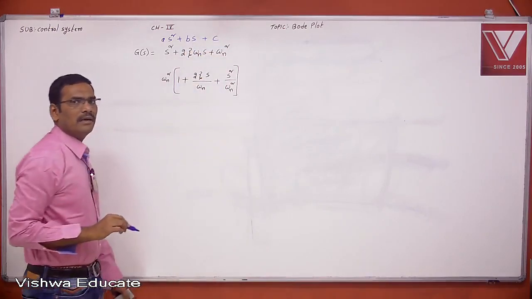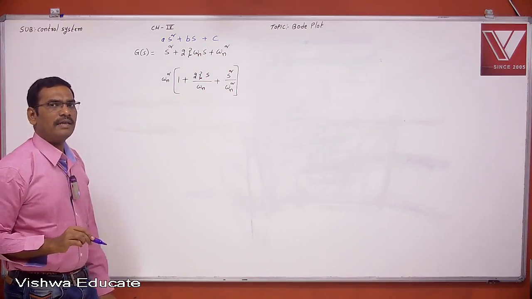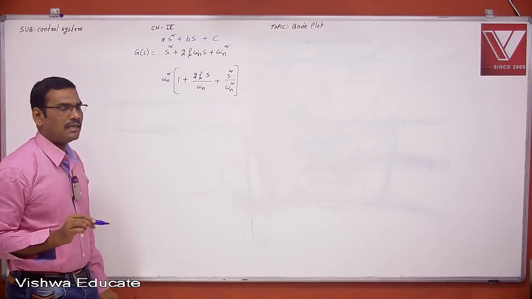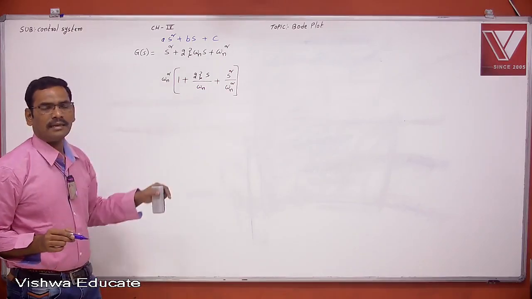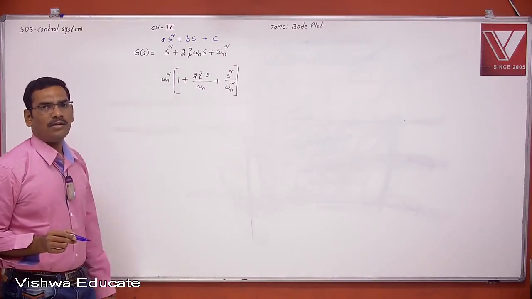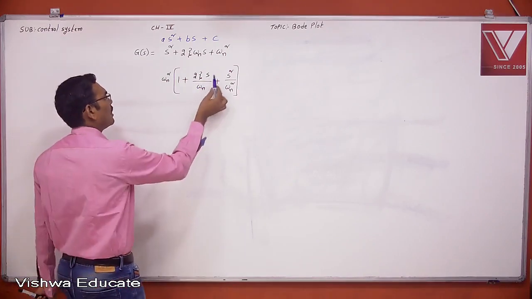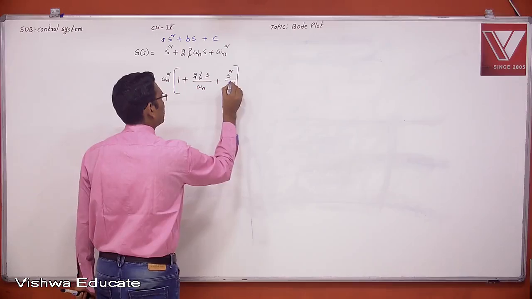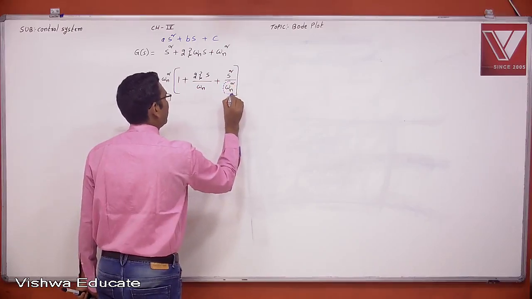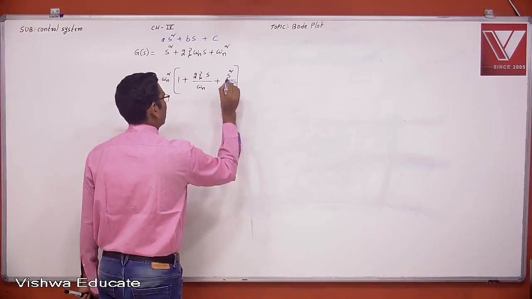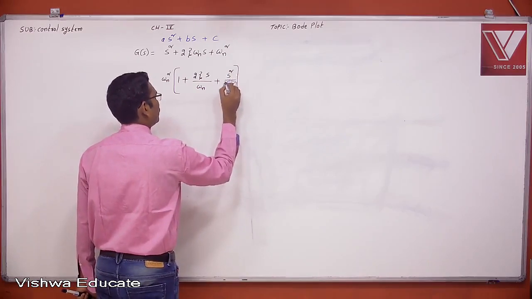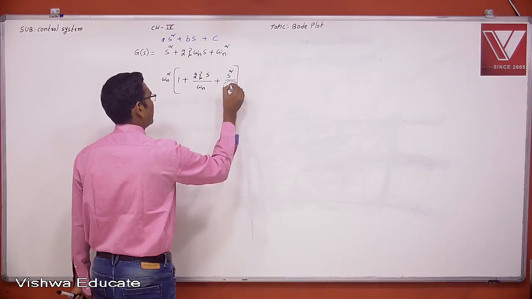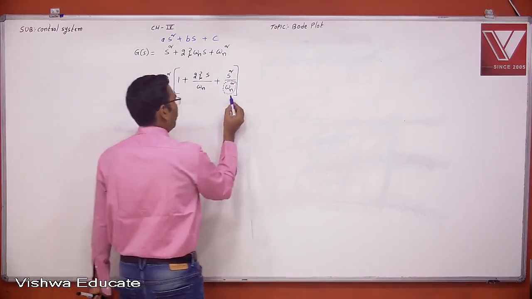If it is a quadratic polynomial of a s square plus b s plus c, first convert it into time constant form and always look at the denominator of the s square term. Whatever the s square coefficient is, its denominator value is omega n square.